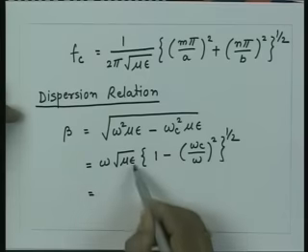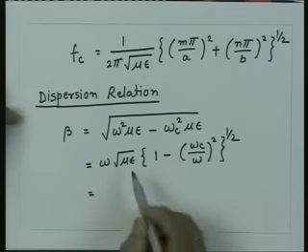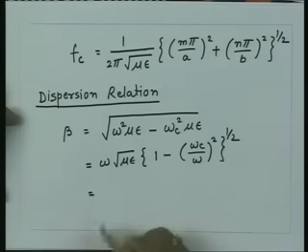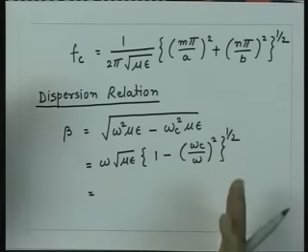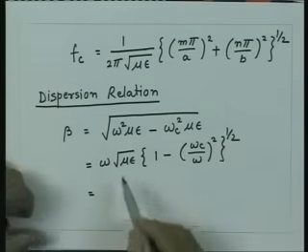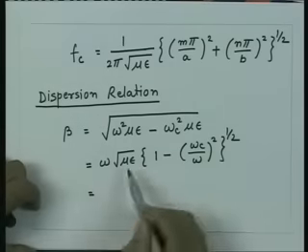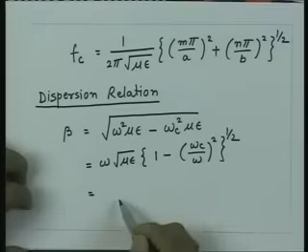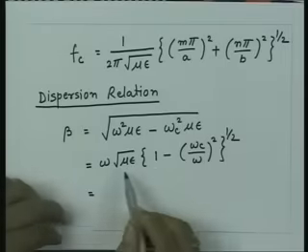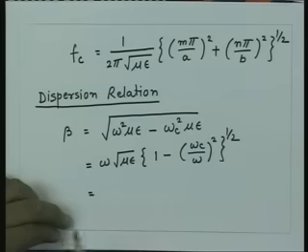Now, noting that this quantity square root mu epsilon is 1 upon the velocity of the wave in the intrinsic medium. If the medium which is filling the waveguide has permeability and permittivity mu and epsilon, then the velocity in that medium intrinsically will be 1 upon square root mu epsilon. So, this quantity is nothing but the velocity of light in the medium which is filling the waveguide.